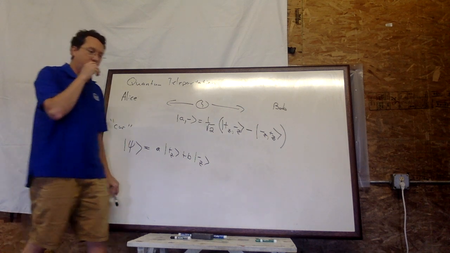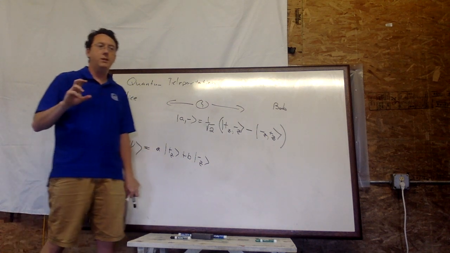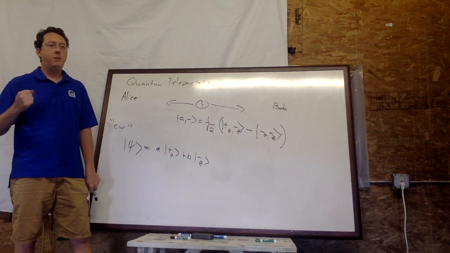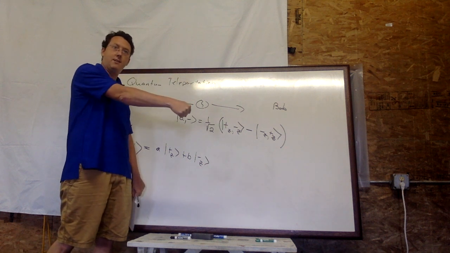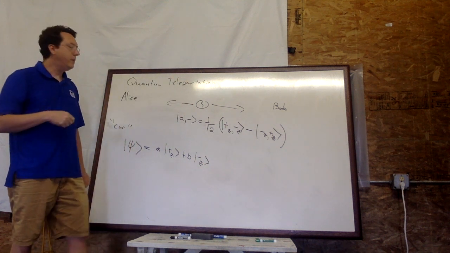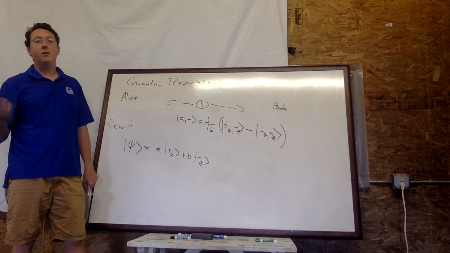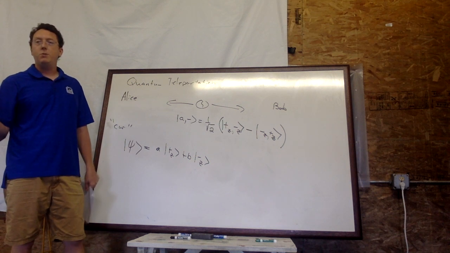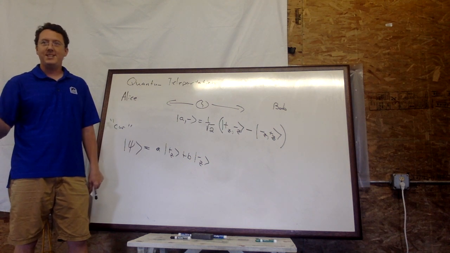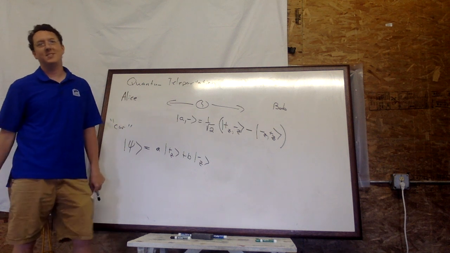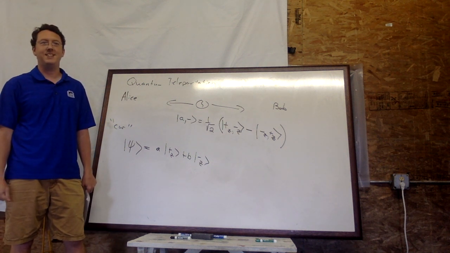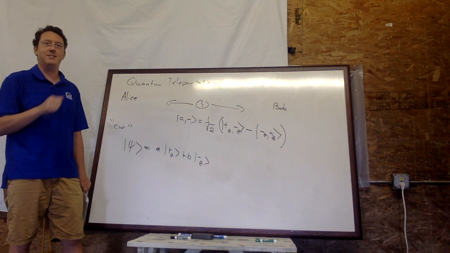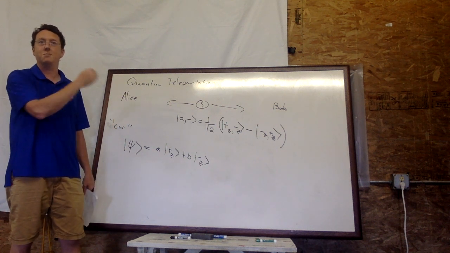So what I wanted to say was the teleportation machine should be some sort of way to send anything. It's no good making a machine which only sends a plus z state from here to there. That's not so exciting because you just make a plus z state and call Bob and say, hey, I have a plus z state, and he just takes a magnet and filters and selects plus z.